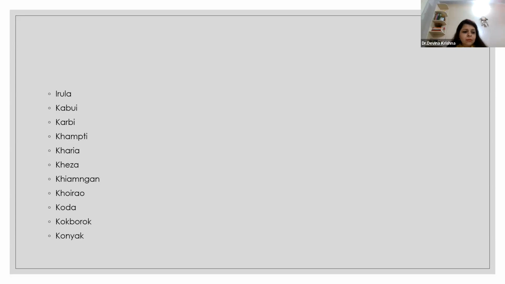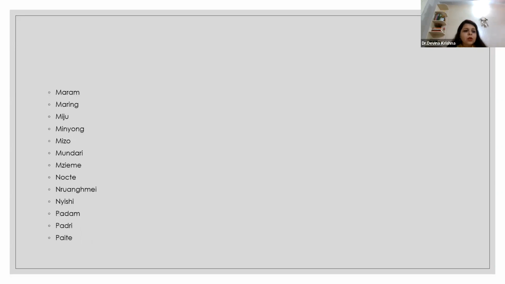Keza, Khiamgan, Khoirao, Koda, Kokborok, Konyak, Korku, Korwa, Kui, Maoni, Puruk, Kachi, Ladakhi, Lotha, Liangmai, Manchad, Mao, Maram, Maring, Miyu, Minyong, Mizo, Mundari, Zeme, Nokte, Nurangkhme, Nishi, which is a language that belongs to the Tibeto-Burman group.